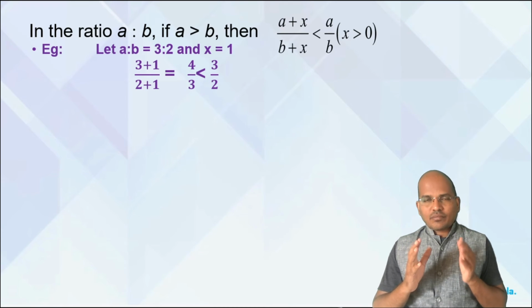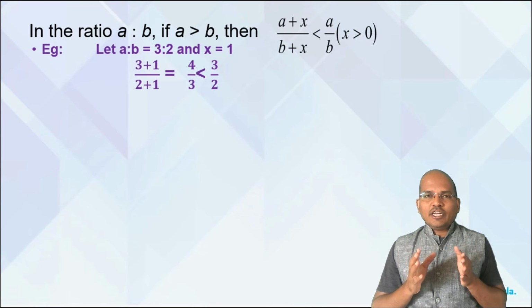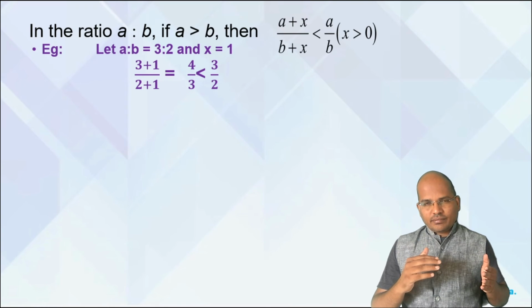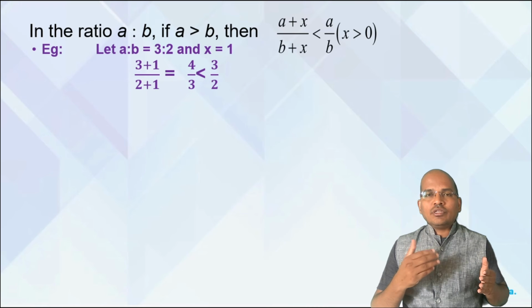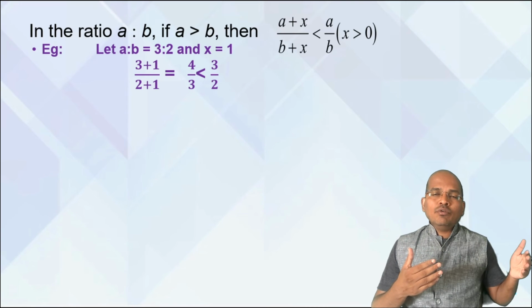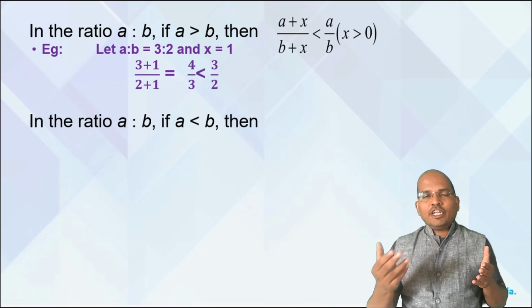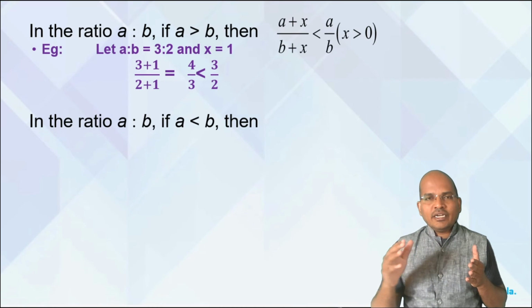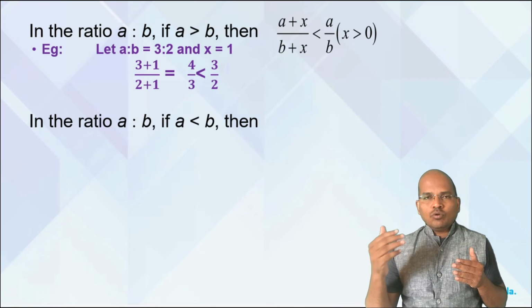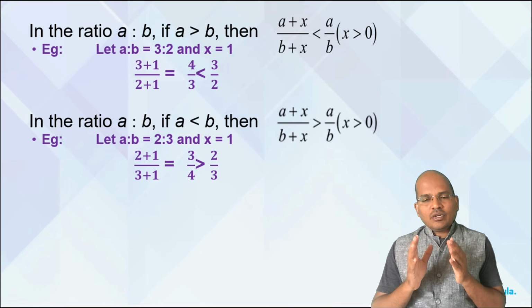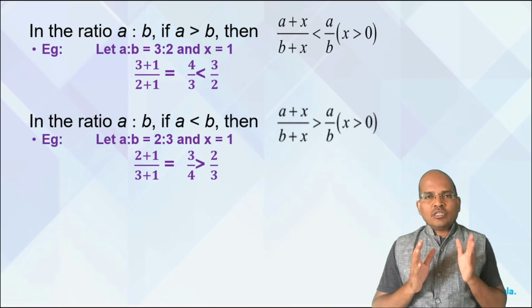So keep in mind, when you multiply or divide, the resulting ratio value will be same as the original ratio value. But when you add or subtract, the new resulting ratio values will have a different value when compared to the initial ratios. So similarly, take another example. In the ratio A is to B, if the first term is less than the second term, then adding a term x to A and B will result in a ratio which is greater than the original ratio A upon B. So let A is to B is 2 is to 3, and if x is 1, so 2 plus 1 upon 3 plus 1 is 3 upon 4.